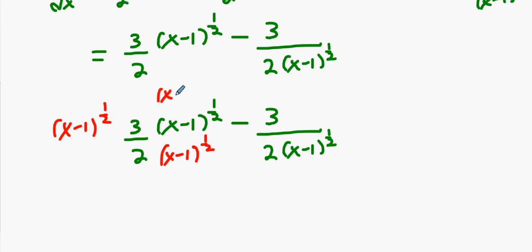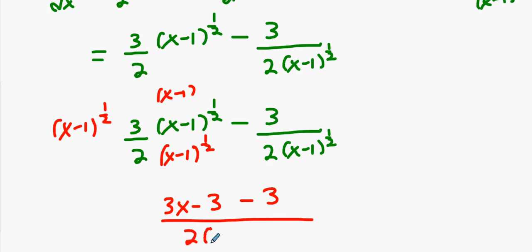X minus 1. What's 3 times x minus 1? 3x minus 3. Take away another 3. All over 2 times x minus 1 to the power of a half. 3x minus 6.